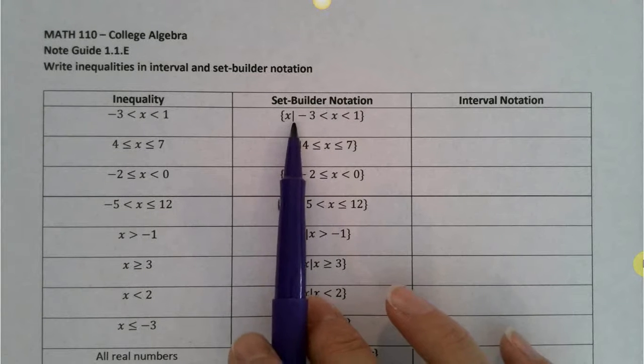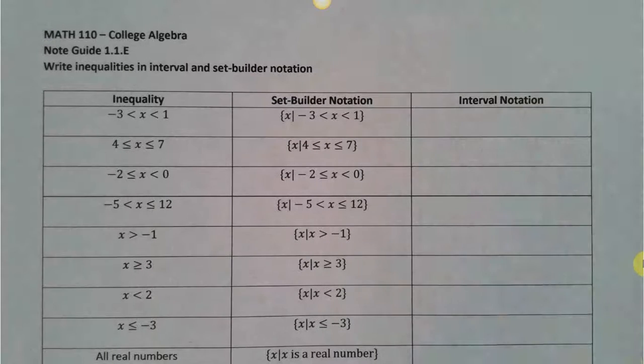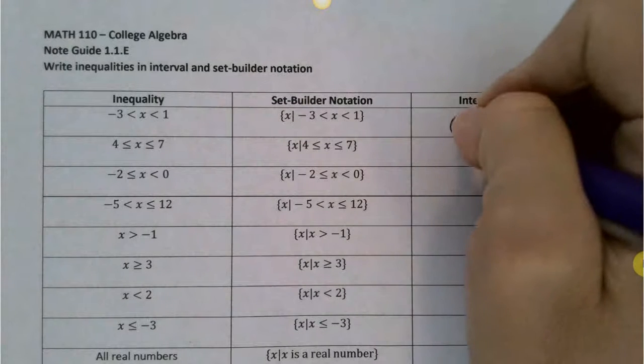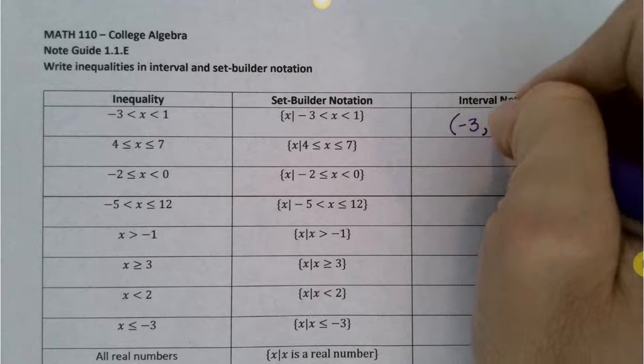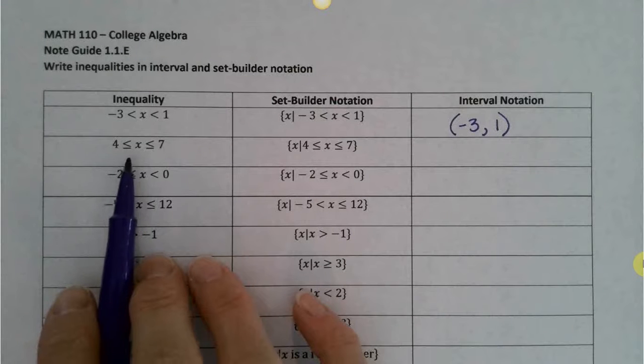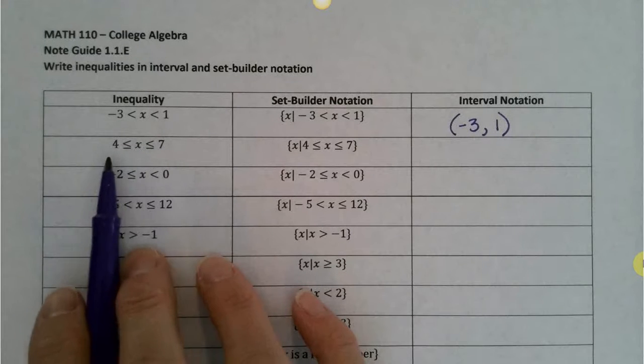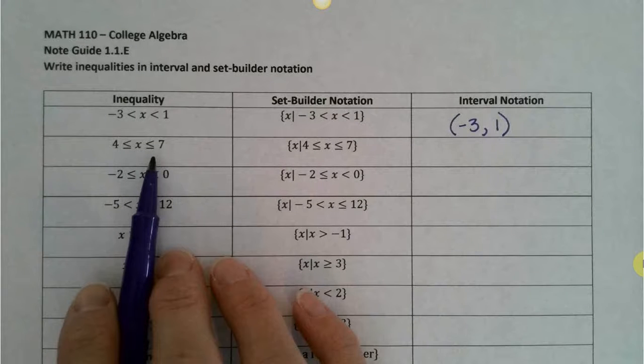Now we can also write this inequality in what's known as interval notation. And what that looks like is parentheses -3, comma 1, parentheses. Now the next inequality, we have 4 is less than or equal to x is less than or equal to 7. So in this case, both the 4 and the 7 are included.